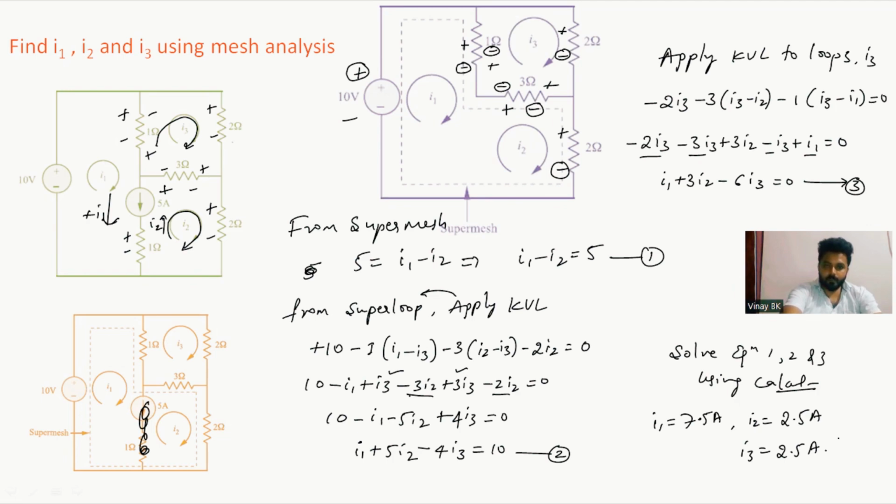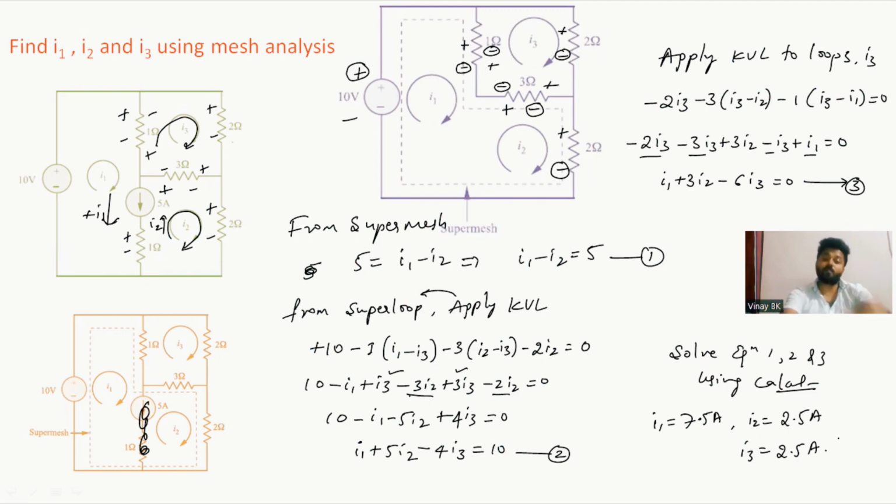I'll tell once again, there is one super mesh, that is the 5 ampere source. From the super mesh you write one equation, that is 5 equals I1 minus I2. Why is it I1 minus I2? Because I1 is flowing in the same direction as the 5 amperes, so plus I1 minus I2 is the 5 amperes flowing downward.